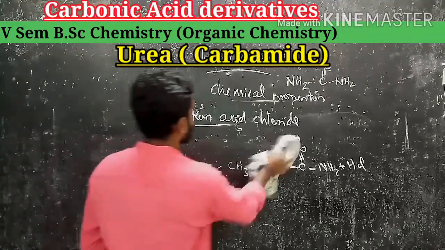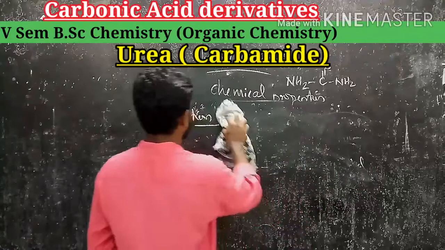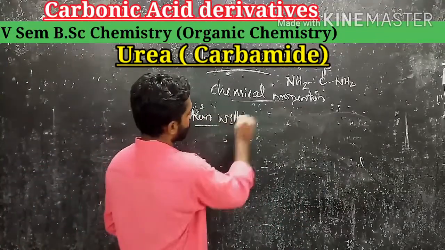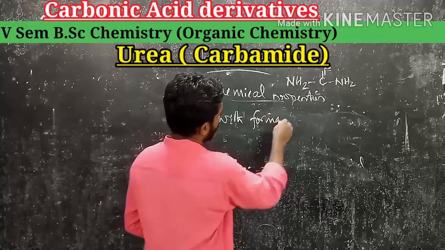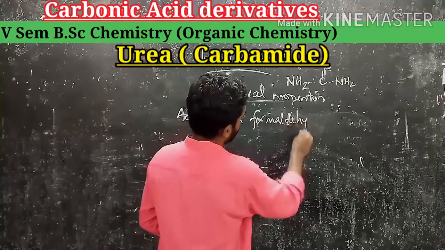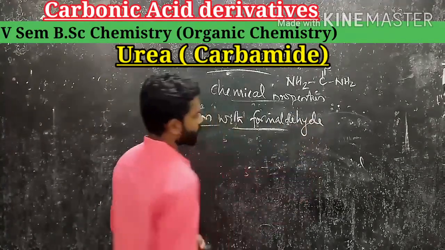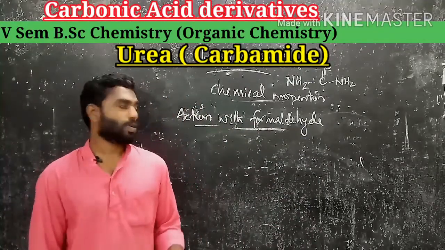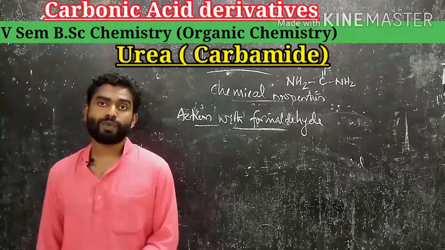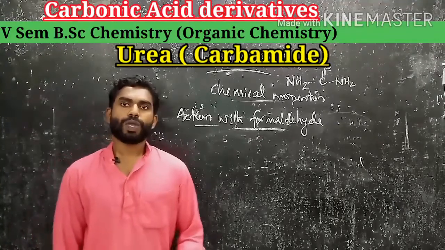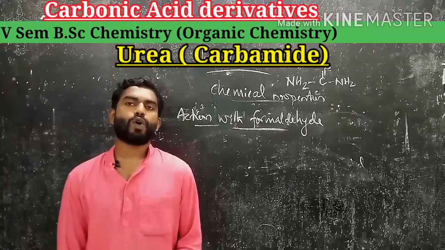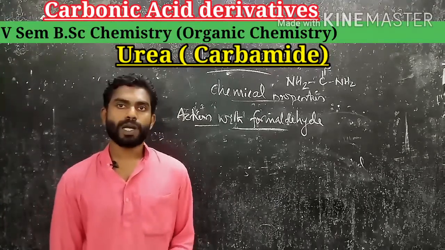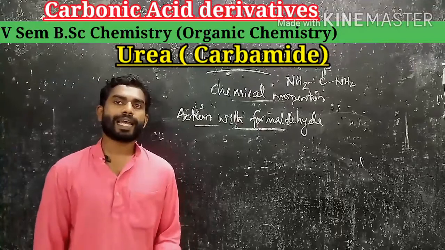Action with formaldehyde. Okay, urea formaldehyde resin. Urea formaldehyde resins are formed by the polycondensation between urea and formaldehyde in weakly alkaline condition.